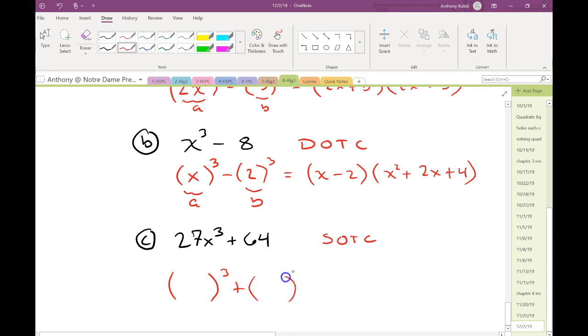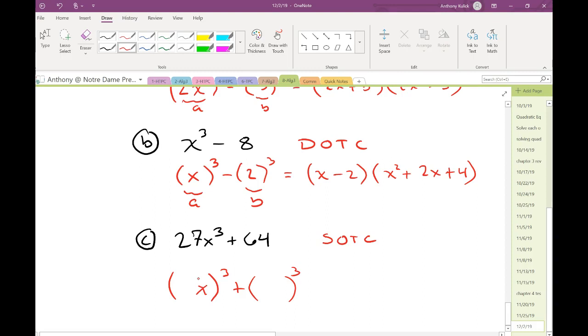And 64 I need to be able to rewrite as something to the third. Well, obviously, x cubed is x to the third. What to the third power gives us 27? 3, right?